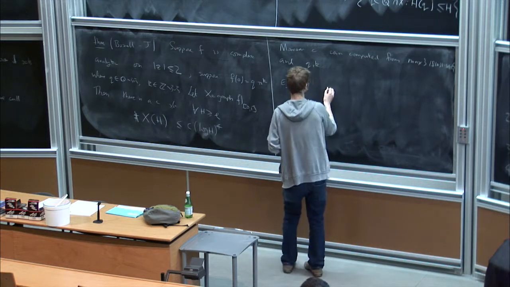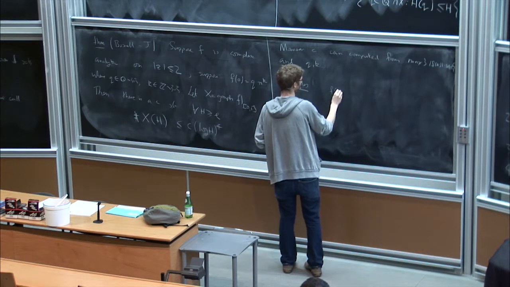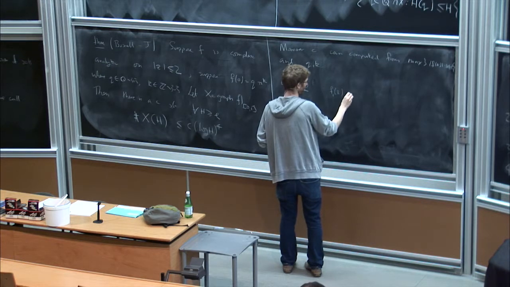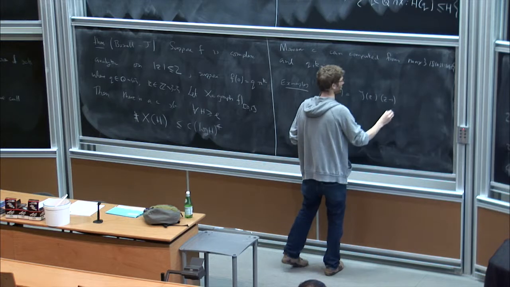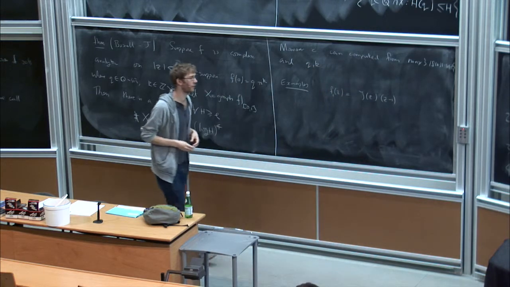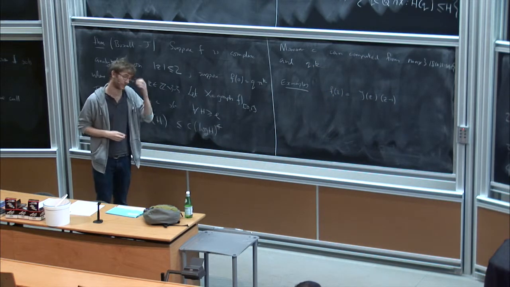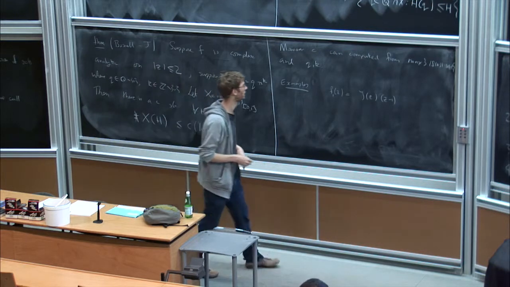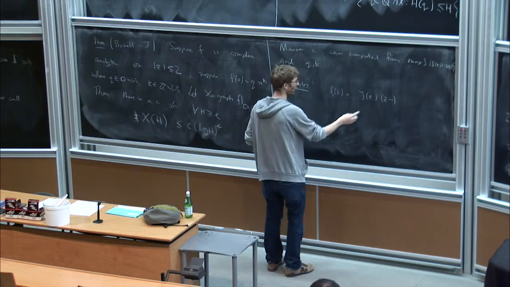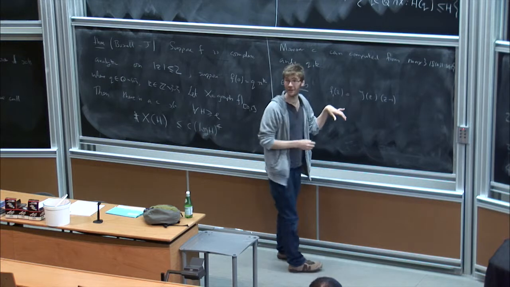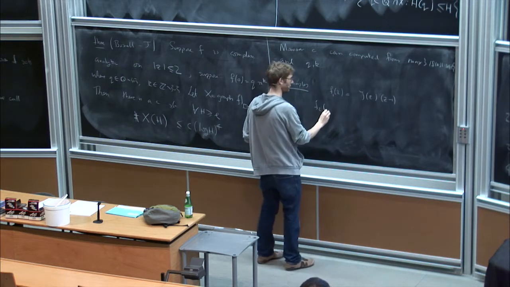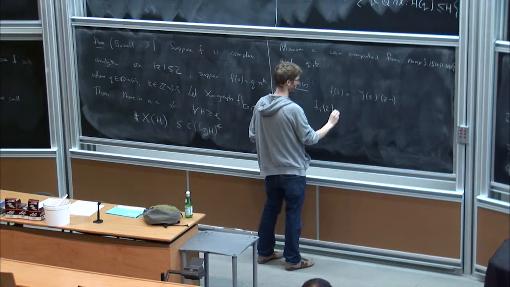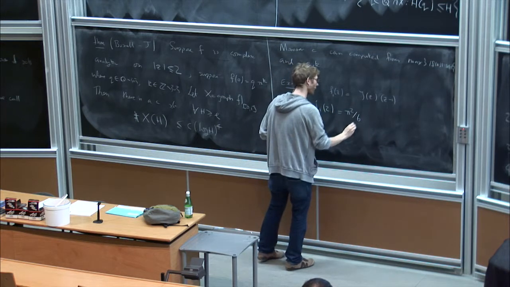So let's take f1 of z to be zeta of z, so Riemann zeta, times z minus 1. So this is entire. Then, if I put 2 in, I get zeta of 2. f1 of 2 is pi squared over 6.